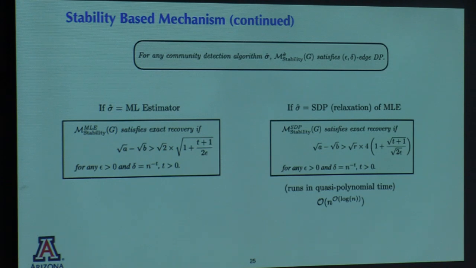So, is pure DP not feasible? No, pure DP was feasible with the exponential mechanism. The exponential mechanism was giving us pure DP. But now we can go even closer to that line, by giving a slack of delta. So we relax the privacy notion, but we move closer to the threshold.